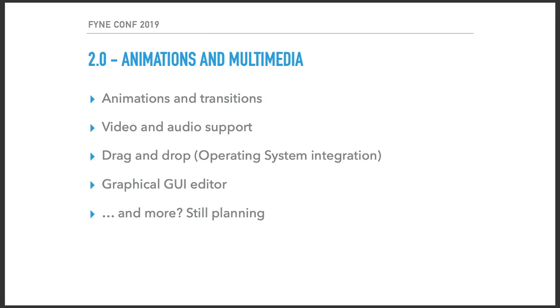Believe it or not, with so many great demos that we've seen today, there really isn't much animation built into the Fyne toolkit at the moment, and any transitions that you've seen have been coded within the application.